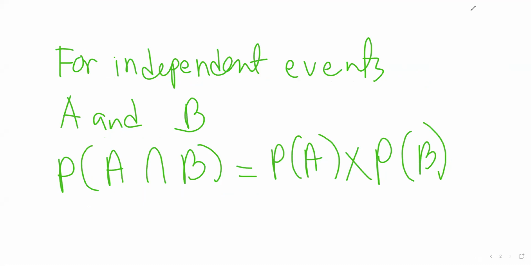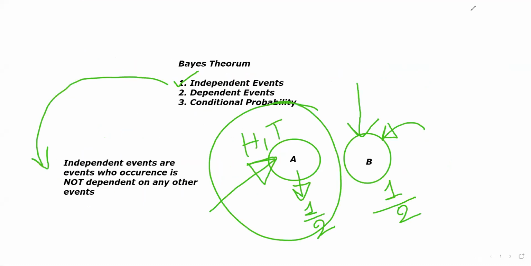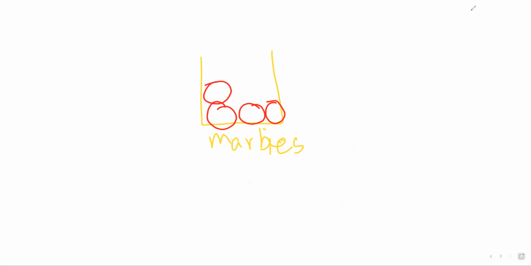And now let's move on to dependent events. So we will be covering the second point that we talked about. What are dependent events? Let's say you have a bag with marbles, and you have both red and black marbles. Let's say you have 4 red marbles and 3 black marbles.